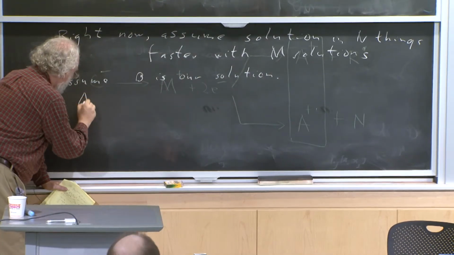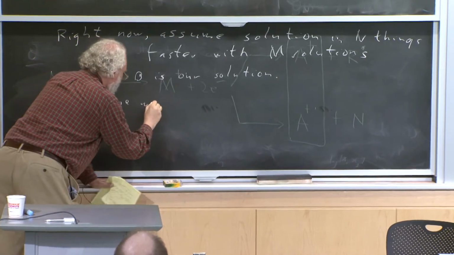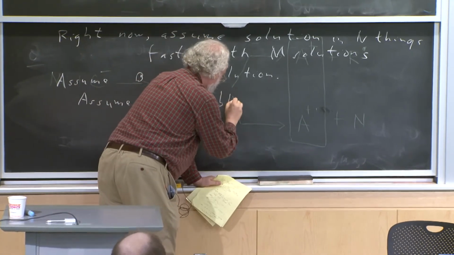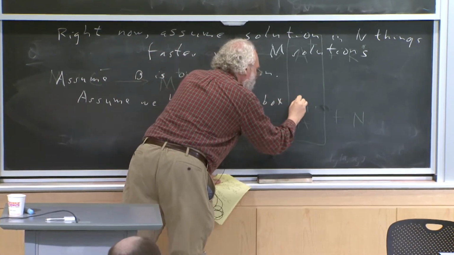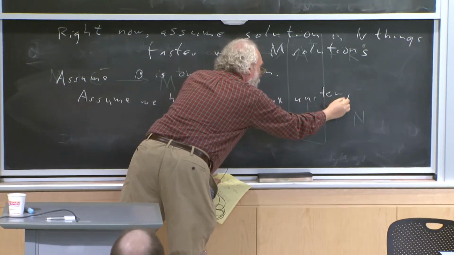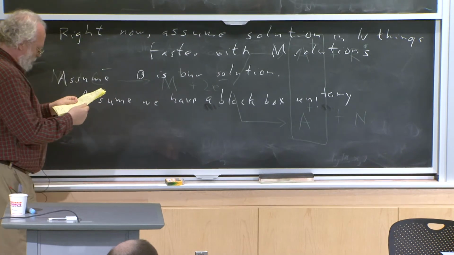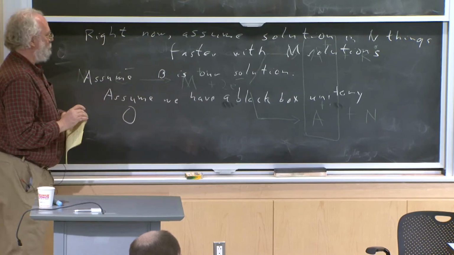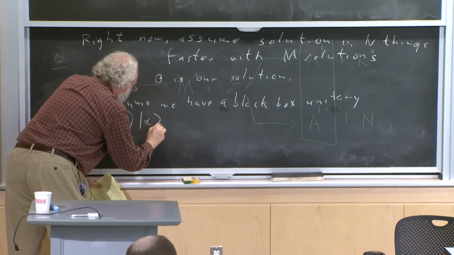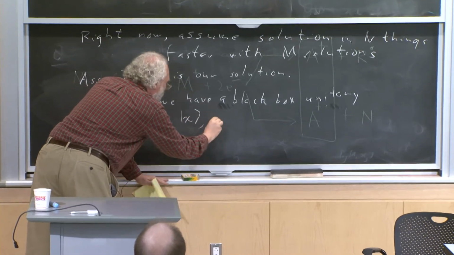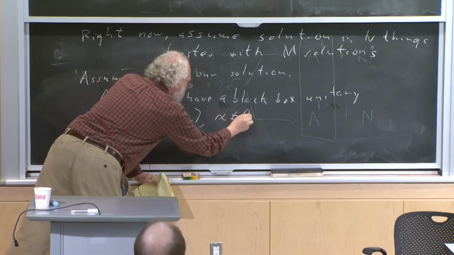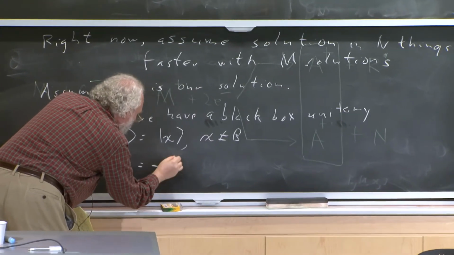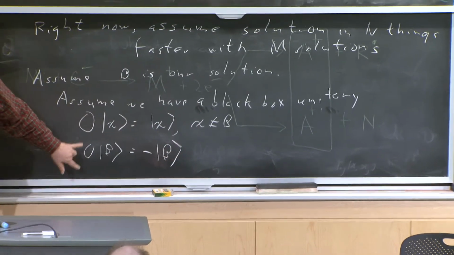And assume we have an oracle, a black box unitary function. Let's call that O. O x equals x for x not equal to beta, and O of beta equals minus beta. So this is a phase oracle.